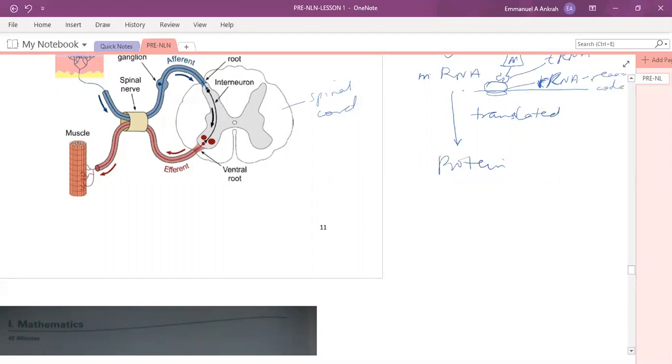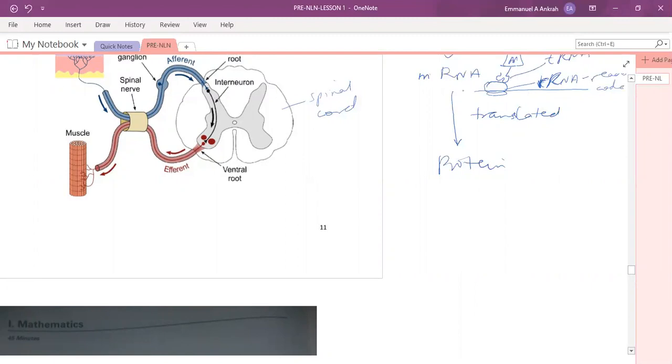Now, centrosomes are found only in animals. It's C. Because centrosomes, you find them when the cell is dividing, the centrosomes form what we call the spindles that pull the chromosomes apart.